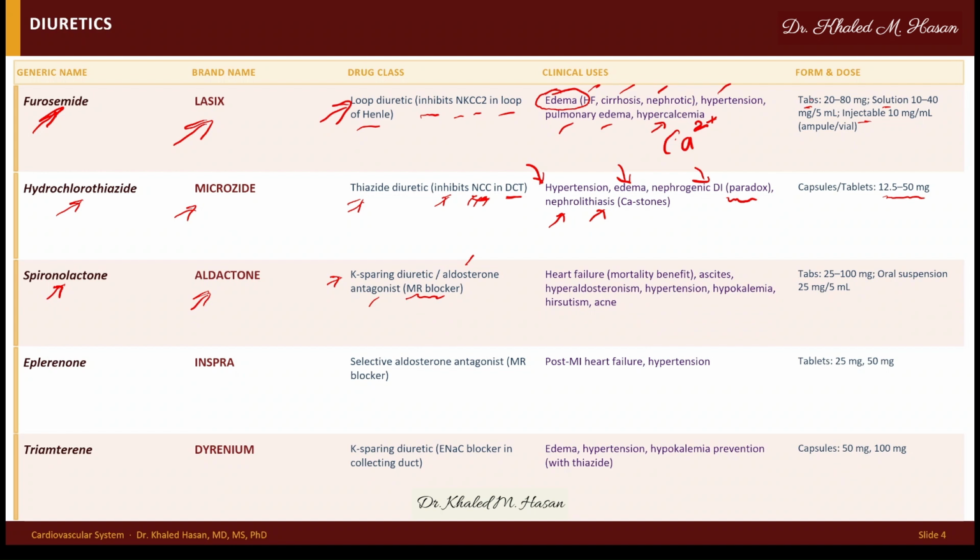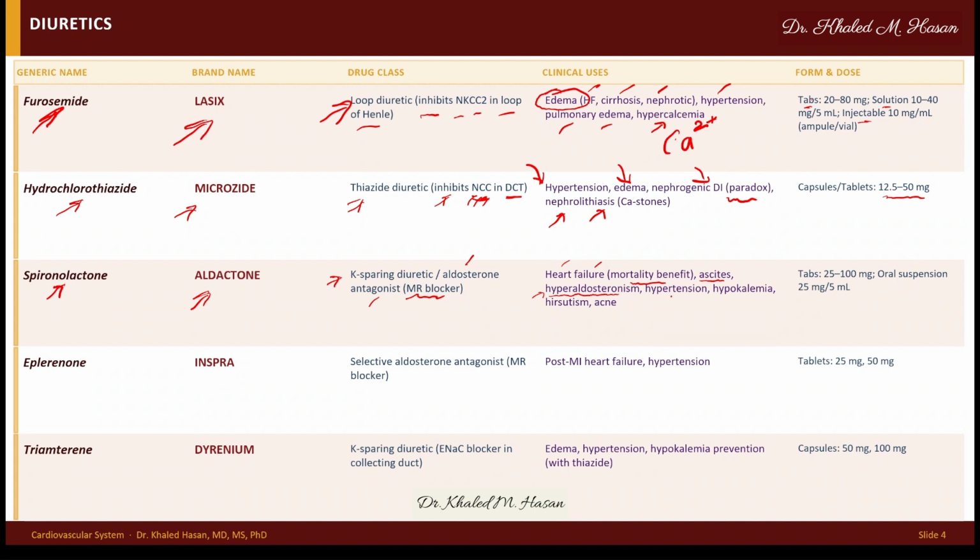This medication, spironolactone, used for heart failure, and they found that this medication decreased mortality rate. We can use spironolactone for someone suffer from ascites. The spironolactone could be option for someone suffer from hyperaldosteronism, which means increased level of aldosterone in the blood. That could be related to the tumor or hypersecretion of the adrenal cortex.